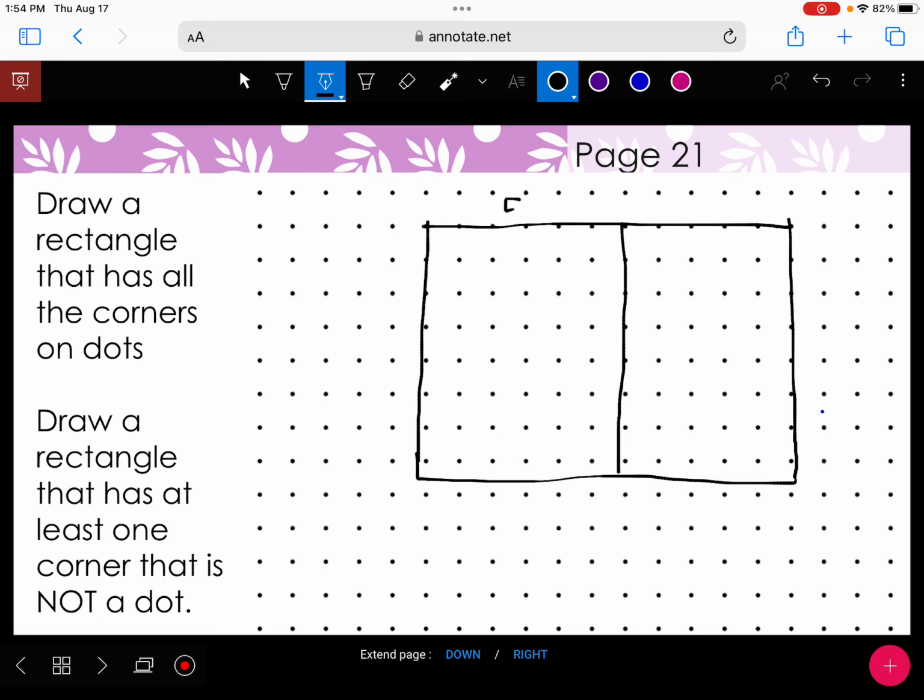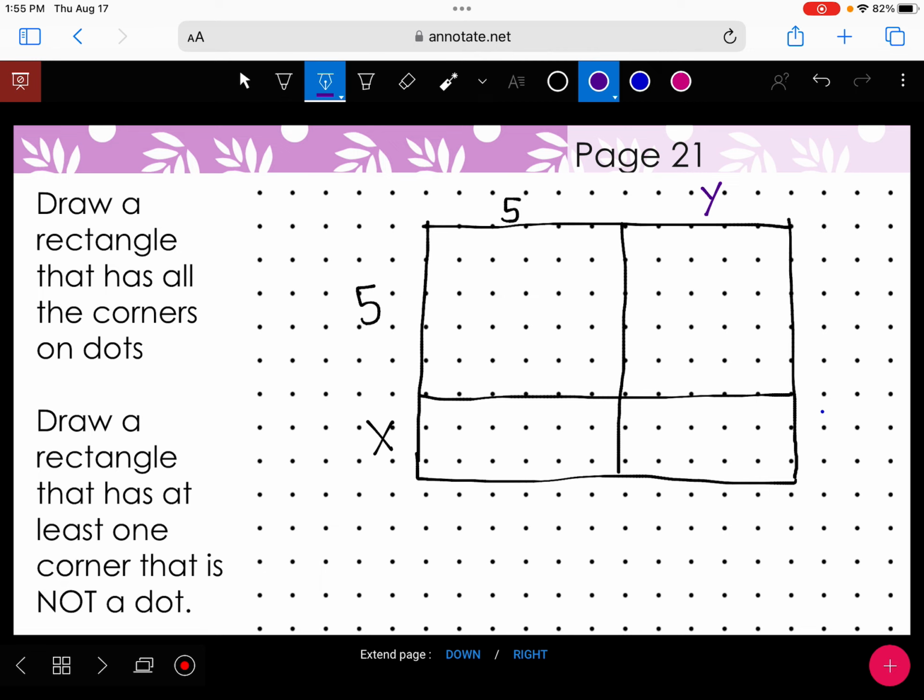Maybe I know that this piece is 5 and this piece is 5. But I don't know this side. Let's call it X. And I don't know this side. We can call it Y.